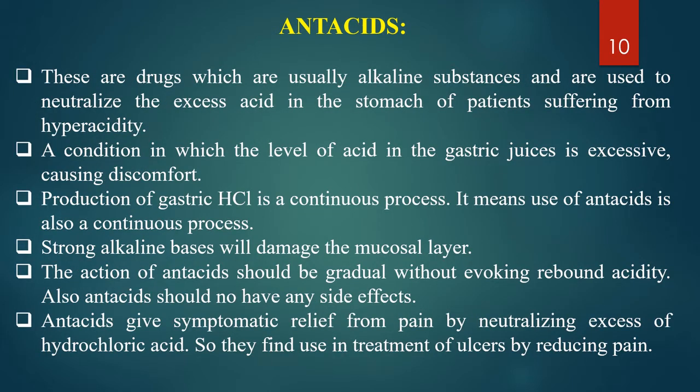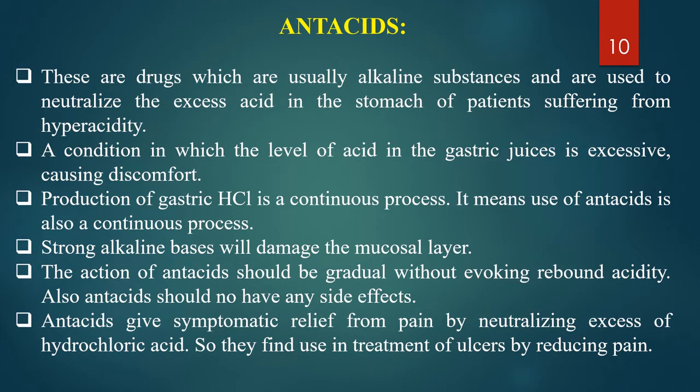Antacids. These are the drugs which are usually alkaline in nature and are used to neutralize the excess acid in the stomach in patients suffering from hyperacidity, which is a condition in which the level of acid in the gastric juices is excessive and causes discomfort.